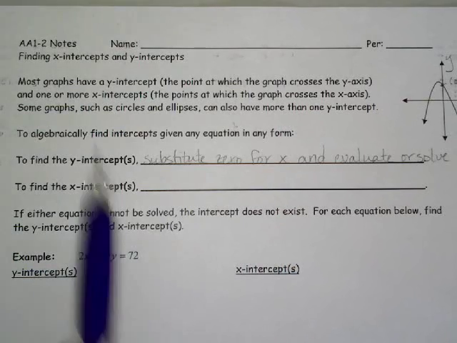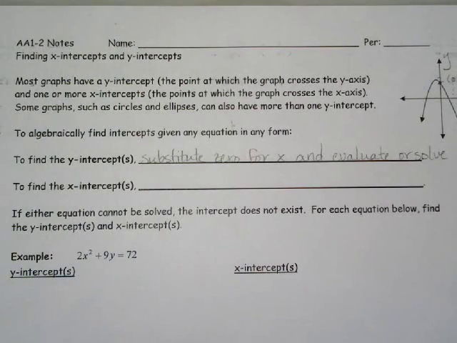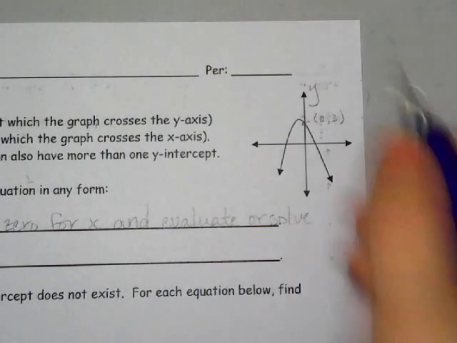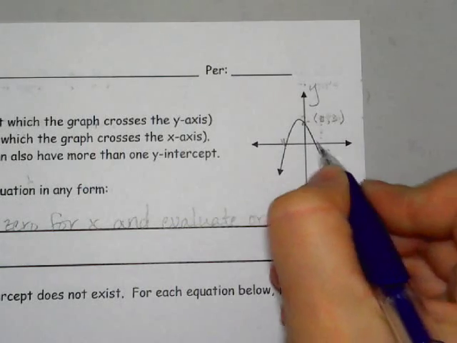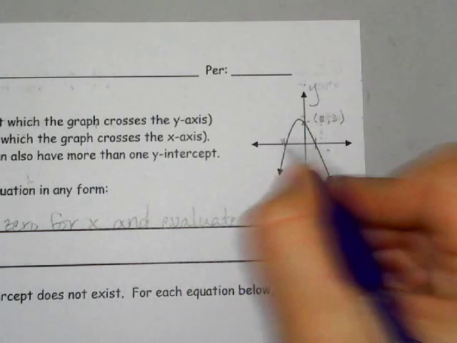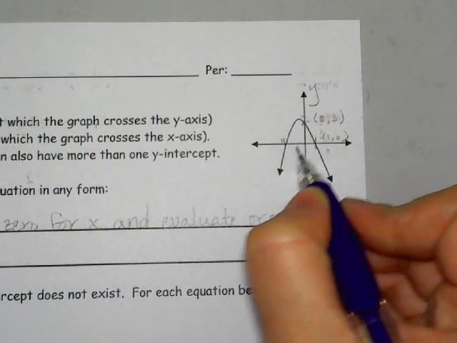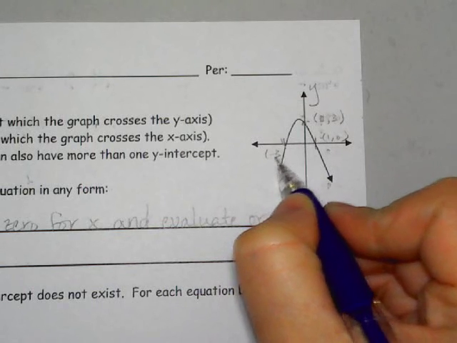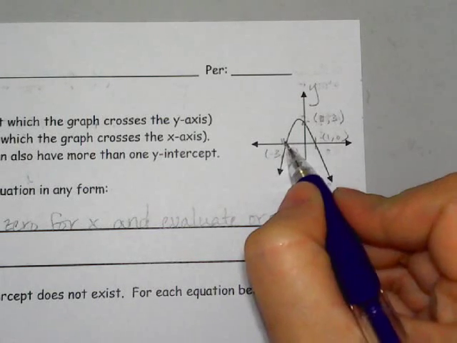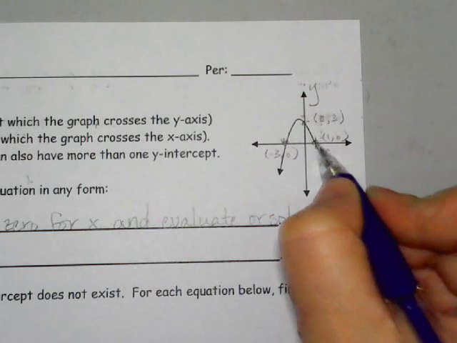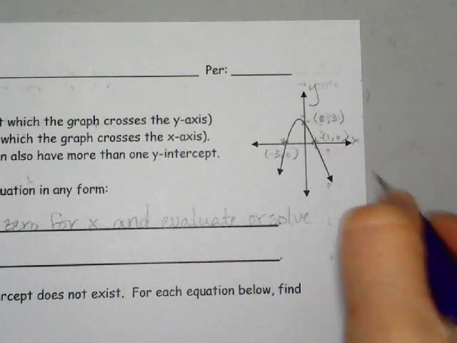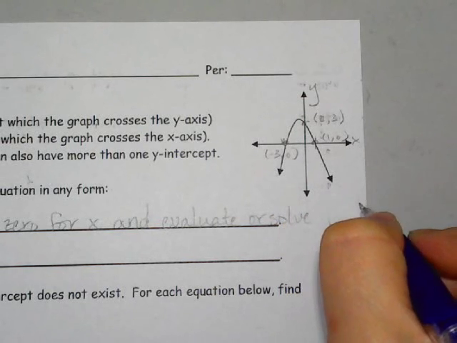There may be some exceptions to this only being one. But you can have multiple x-intercepts. And if you look at our graph again, I'll zoom back in, you can see that this particular parabola has two x-intercepts. Let's say they're at 1, 0, and -3, 0, and I'm just totally making those numbers up. But those are our two x-intercepts. This is our horizontal axis, that's our x-axis.